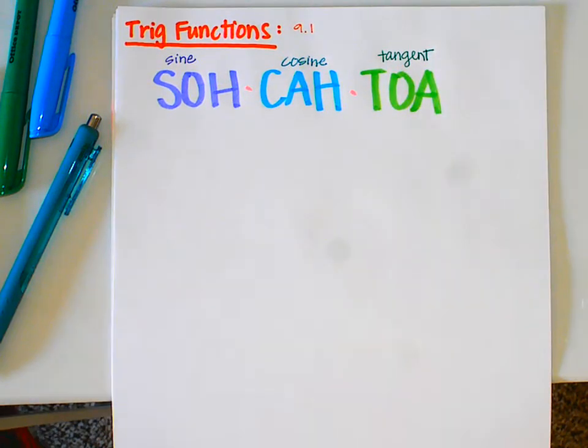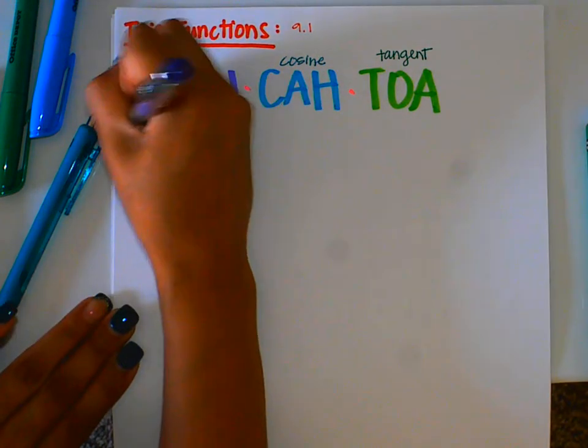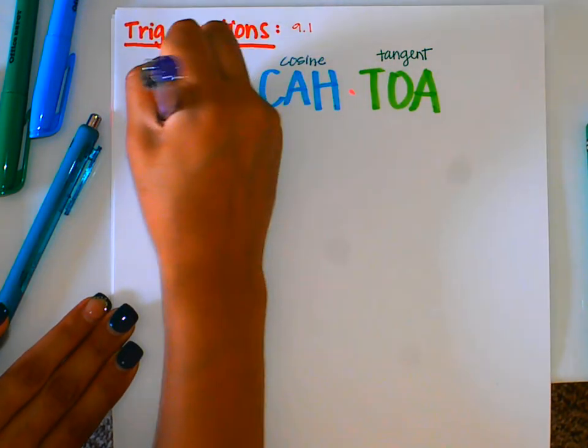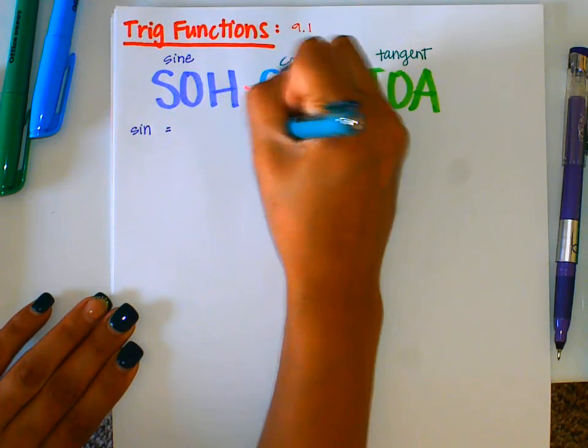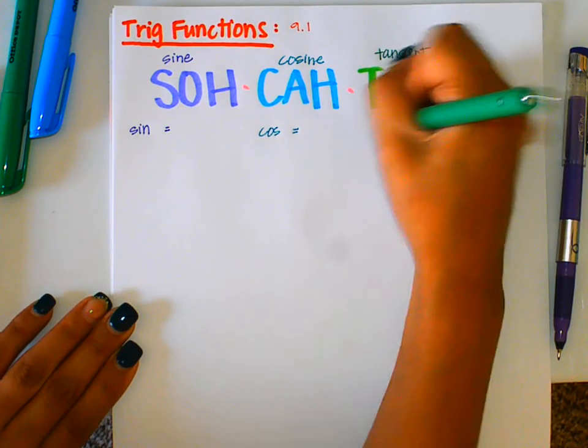We don't actually write all of these words out. We just put sine, that's not much of a difference, we just drop the E. And then cosine, we do cos. And then tangent, we just do tan.